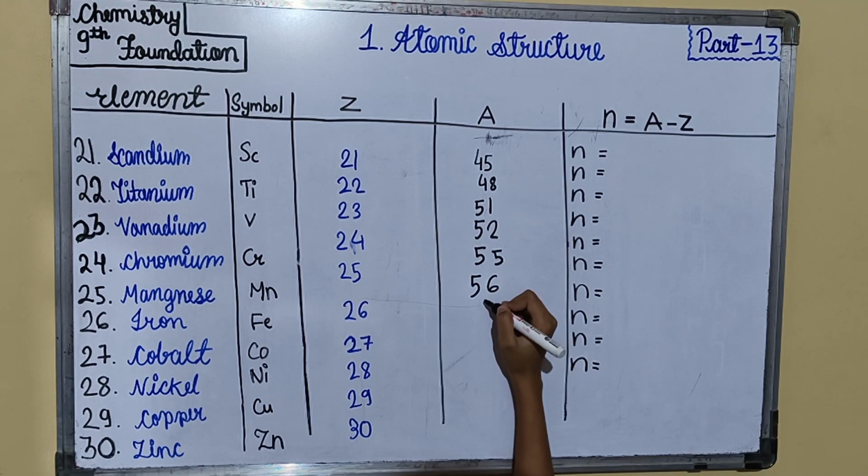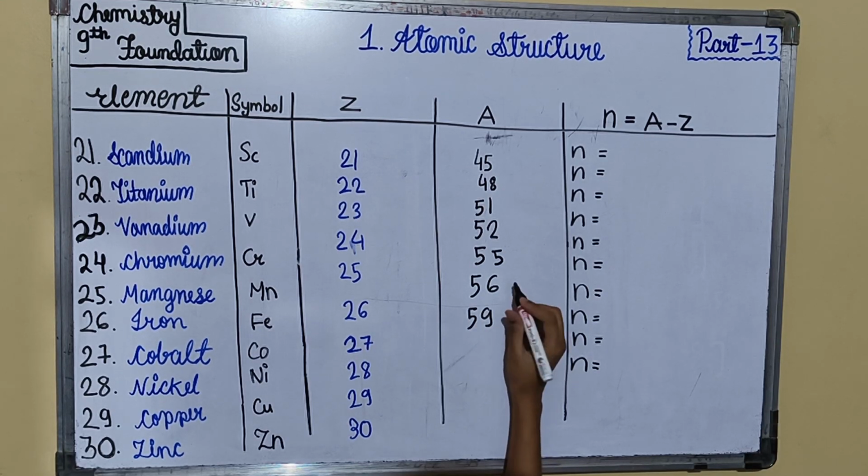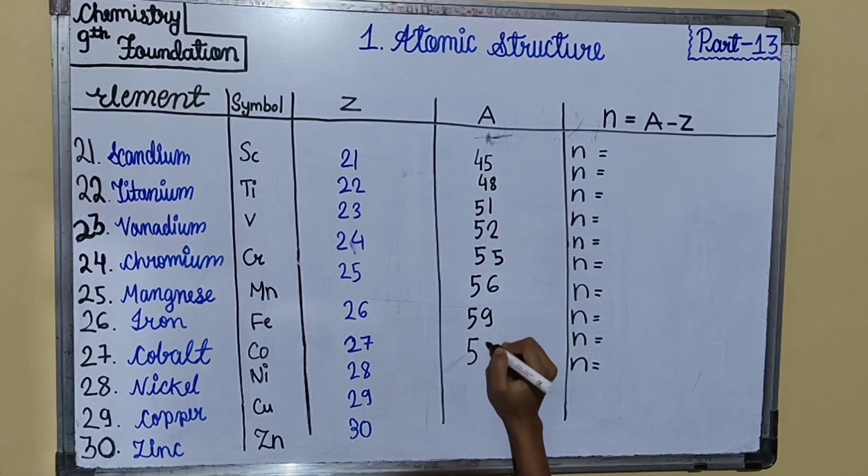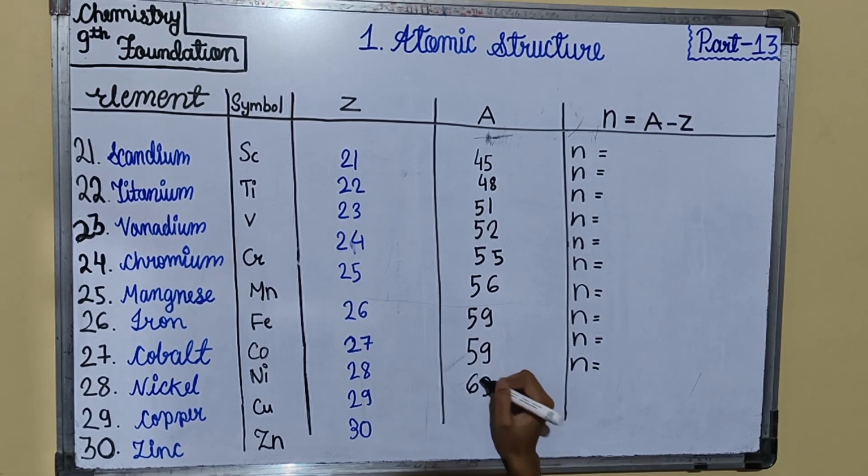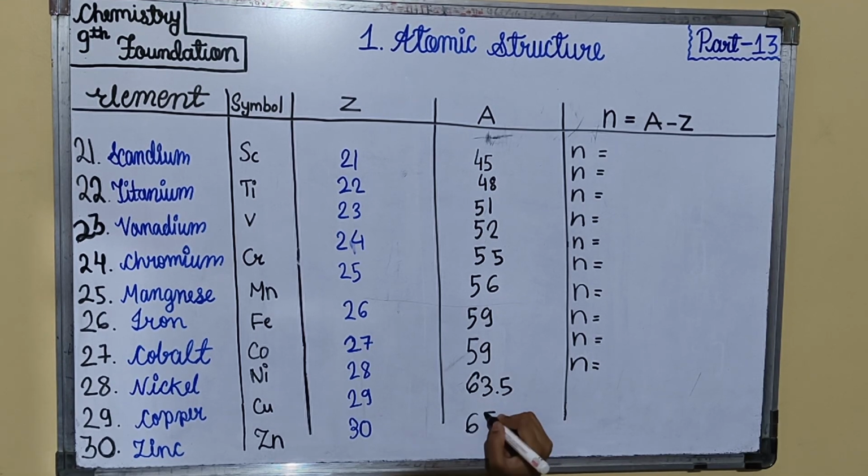Mass number of cobalt is 59. And mass number of nickel is 59 again, and the mass number of copper is 63.5, and mass number of zinc is 65. These are the mass numbers.